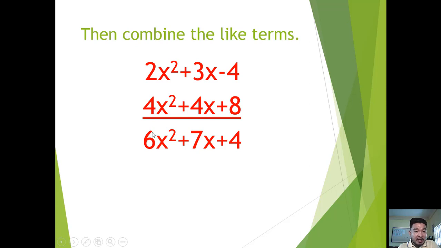Then you add the numerical coefficient. That's 2 plus 4 is 6. Then here, you rewrite the x. Then add 3 and 4, so you will have 7. So the answer is 7x. The negative 4 plus 8 is equal to positive 4. Meaning the sum of these two polynomials is equal to 6x squared plus 7x plus 4.